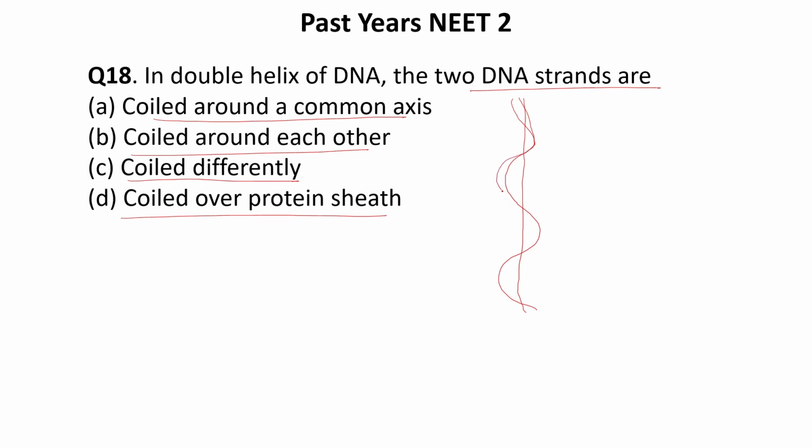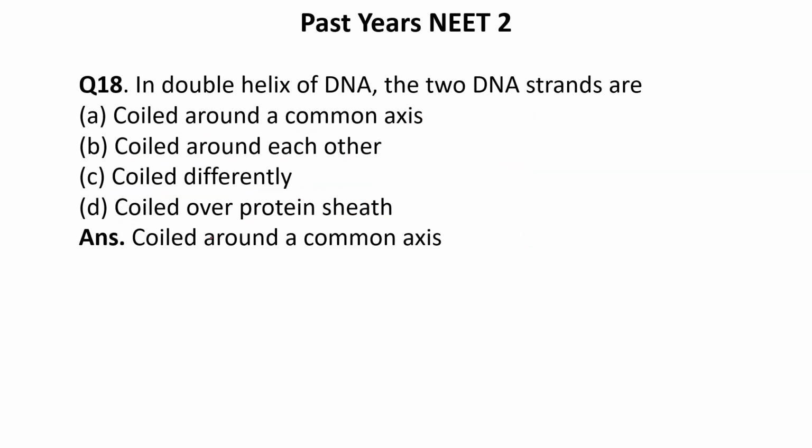So in double helix of DNA, the two strands are coiled around a common axis. They are not coiled around each other, not coiled differently or coiled over a protein sheet. These three are totally incorrect. So they are coiled around a common axis.